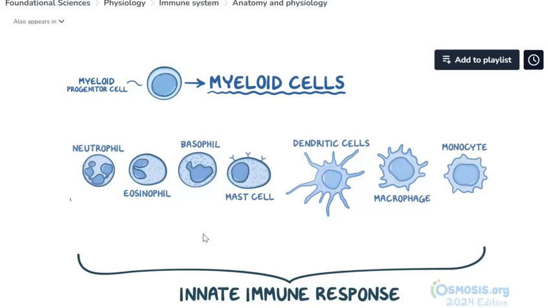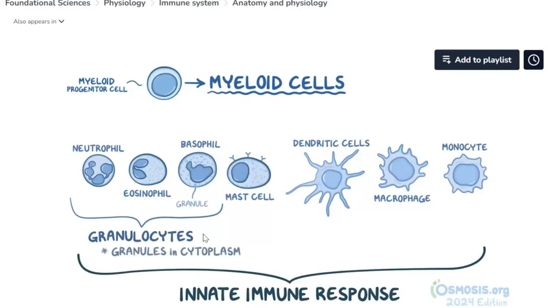The neutrophils, eosinophils, and basophils are considered granulocytes because they contain granules in their cytoplasm, and neutrophils in particular are also referred to as polymorphonuclear cells, or PMNs, because their nuclei contain multiple lobes instead of being round.